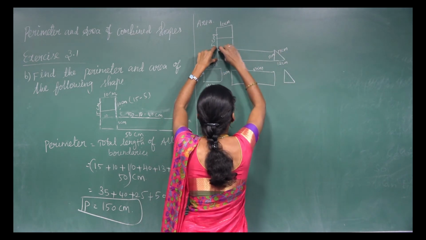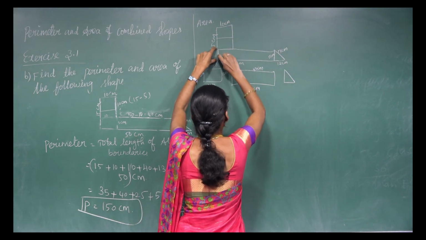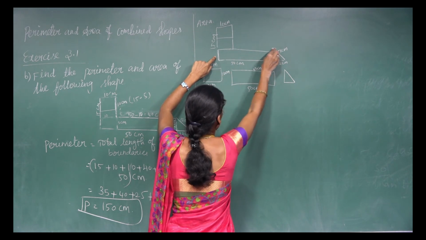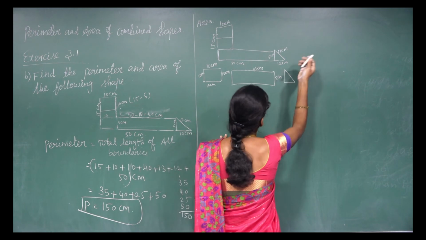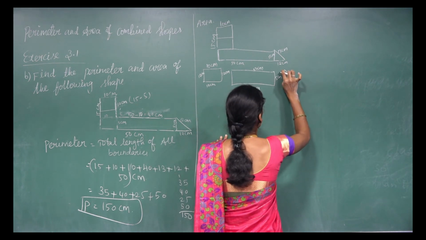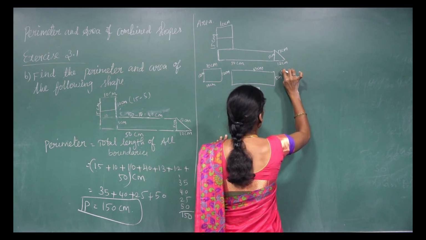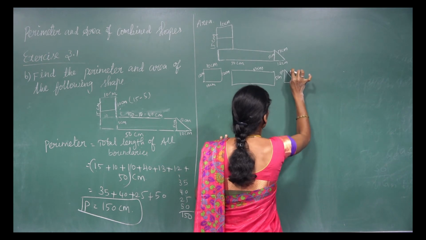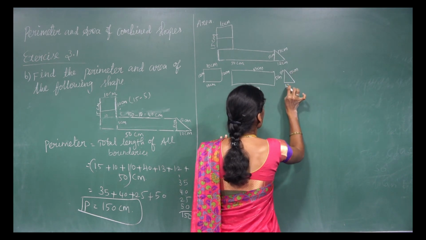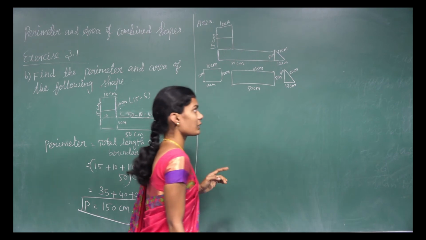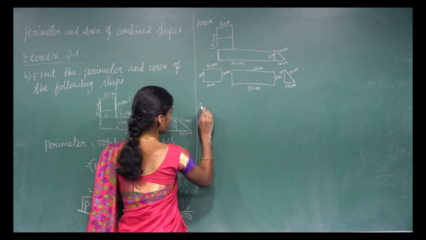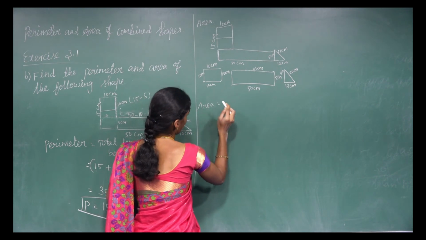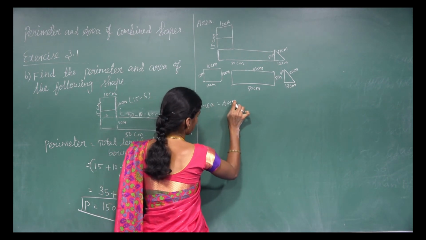We take this portion only as a rectangle. So this is 5 centimeter. Next, the triangle: this portion is 13 centimeter, this portion is 12 centimeter. Can you understand or not? Now we want to calculate area. Area equals first the area of the square.